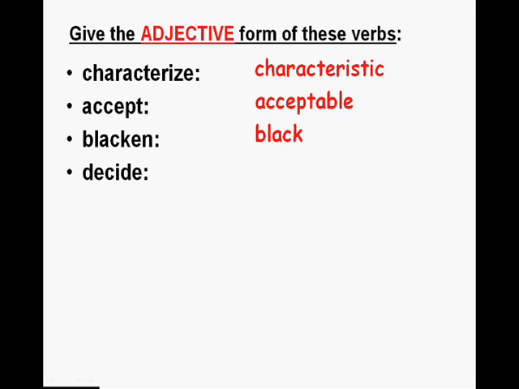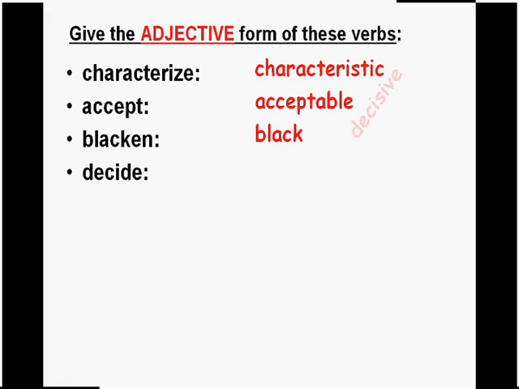Excellent. Decide, the verb decide, and the adjective is decisive. Very good. I put at the end, of course, sive here, okay? So at the end, the ive, the suffix which deals with an adjective.